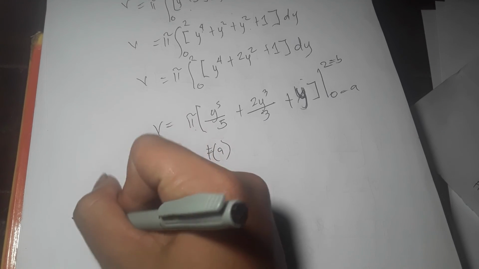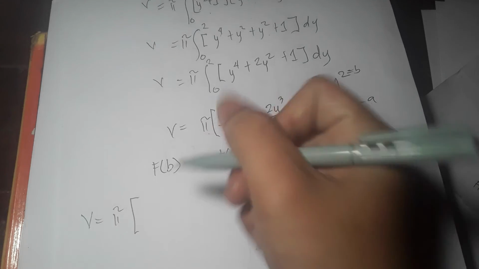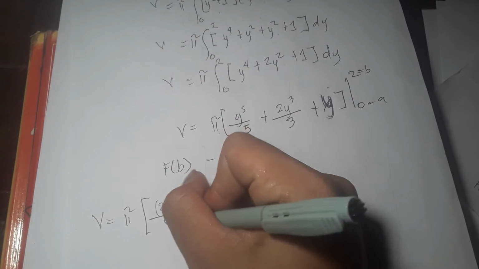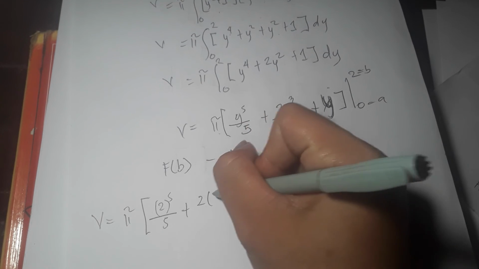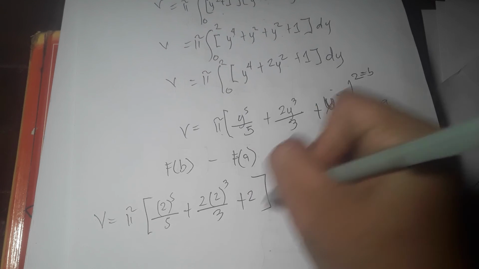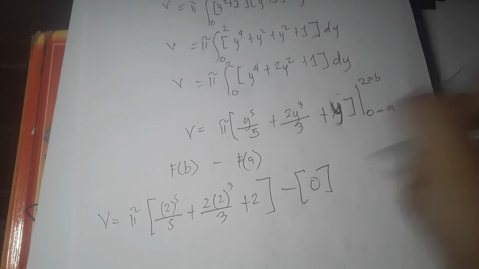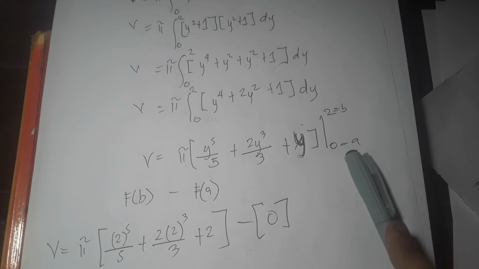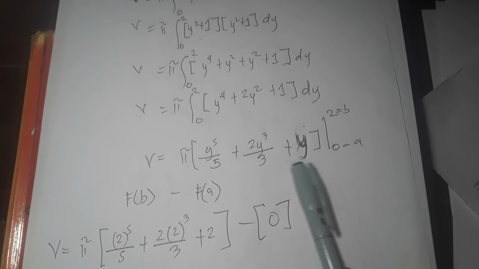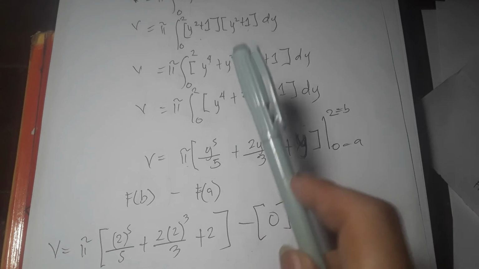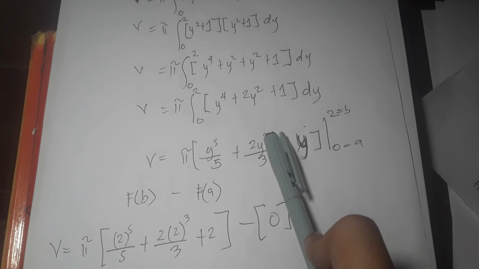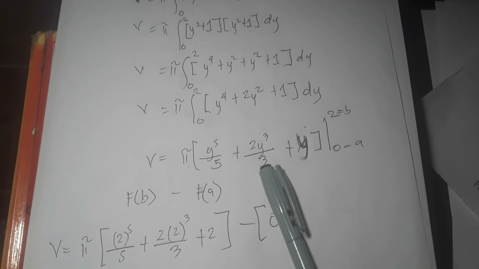So the volume now is equal to pi times 2 to the fifth over 5 plus 2 times 2 raised to the 3 over 3, and then plus 2 minus 0. Because if we evaluate 0 for this function, the result is 0. Because 0 to the fifth is 0 over 5 is 0. 0 to the 3 is 0 times 2 over 3 is 0.